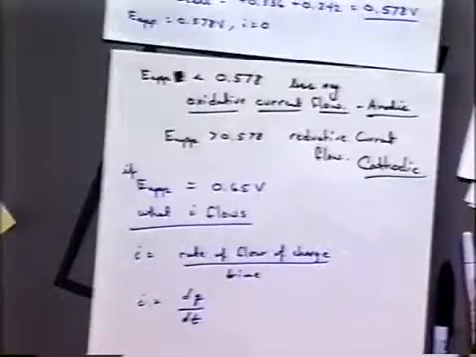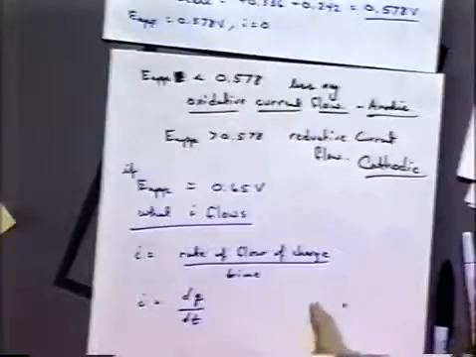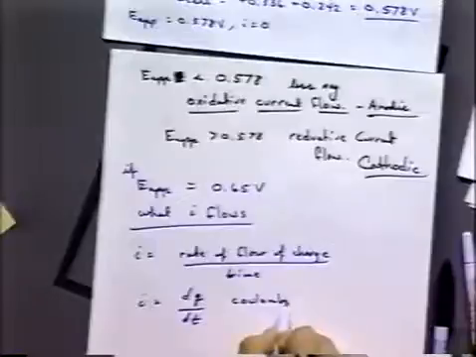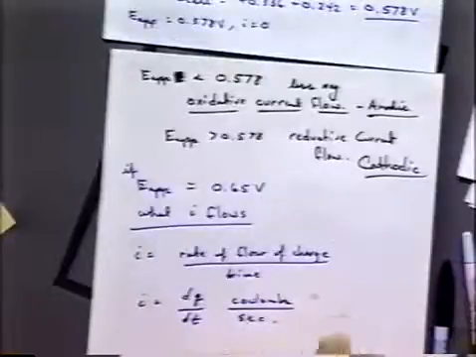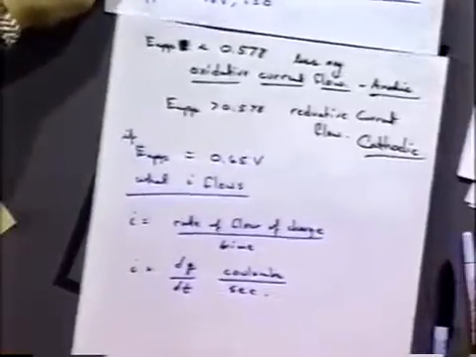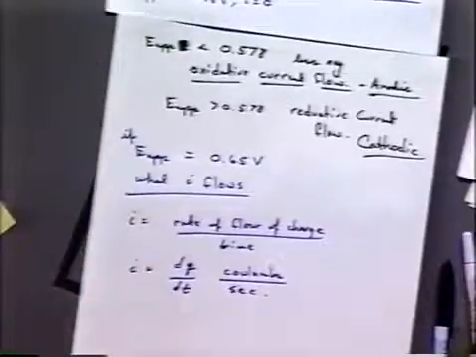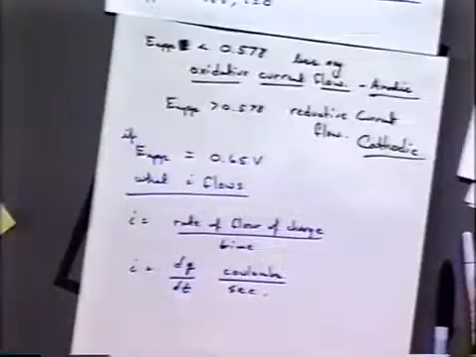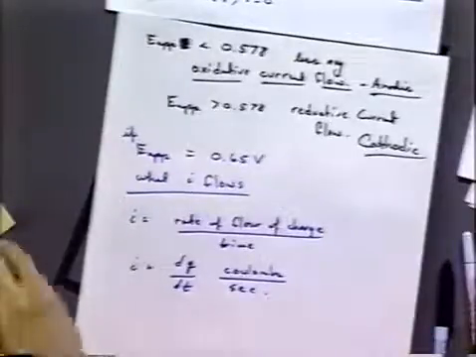So current is dq/dt, and that would be coulombs per second. Anyway, you would think about the rate of current flow as the rate of charge flow versus time.